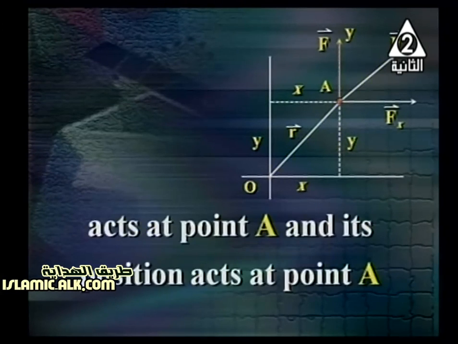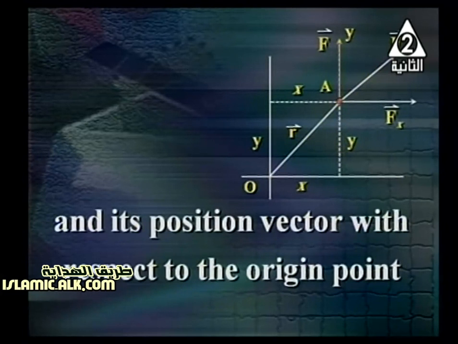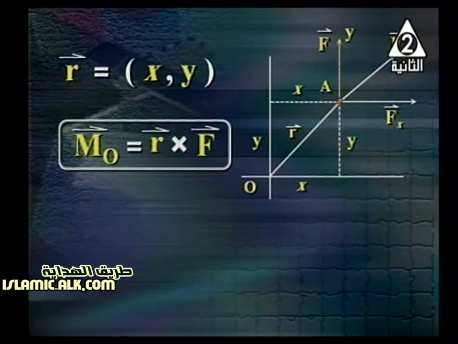Acting at point A, its position vector with respect to the origin point is the vector (x, y). The moment at point O, the origin, equals r vector cross F vector.